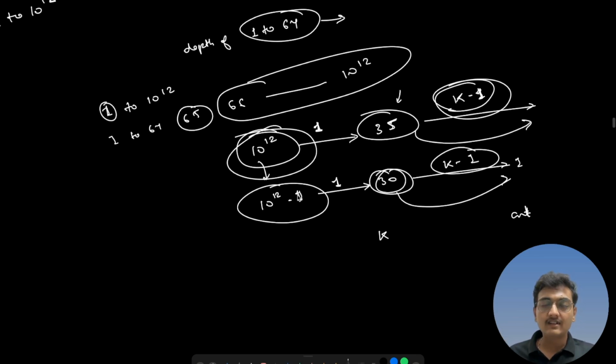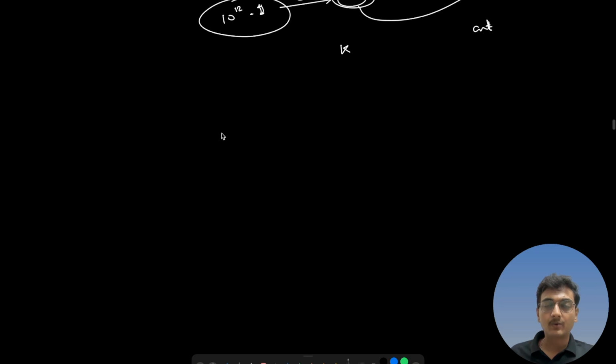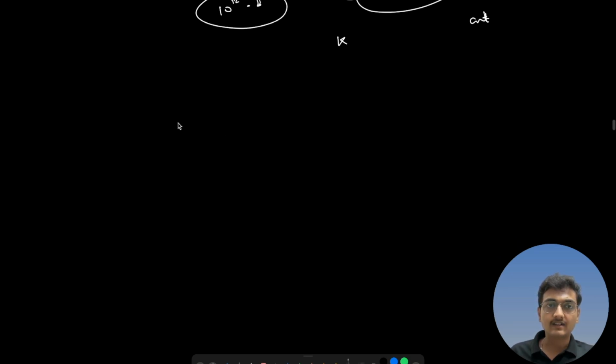Okay, let's take one more easy example if you don't understand. Let's say we have some number, let's say 1000, and I'm considering that we have 10 bits set. So in one depth I can reach 10, right? And how many steps will be required to reach 1 from here?